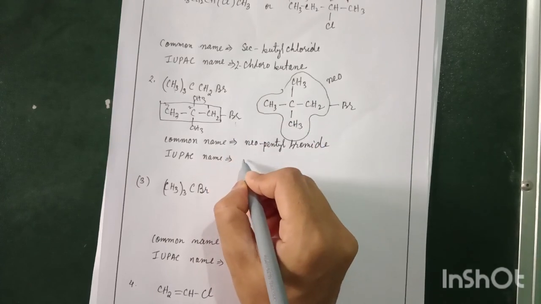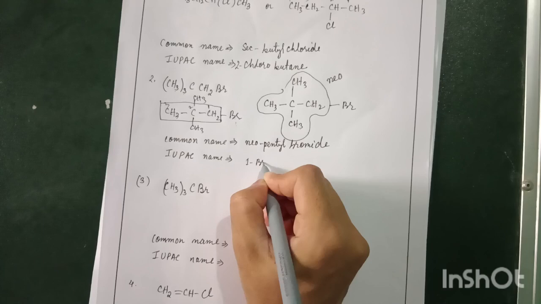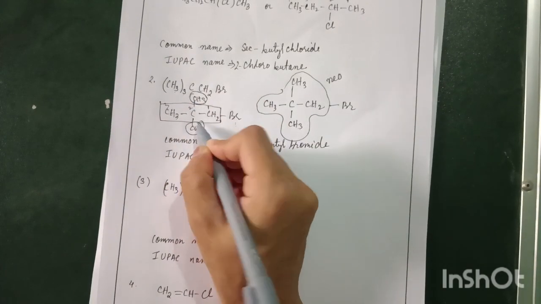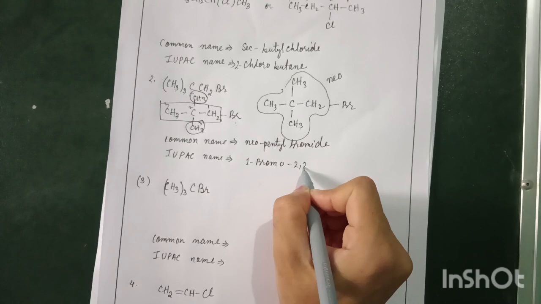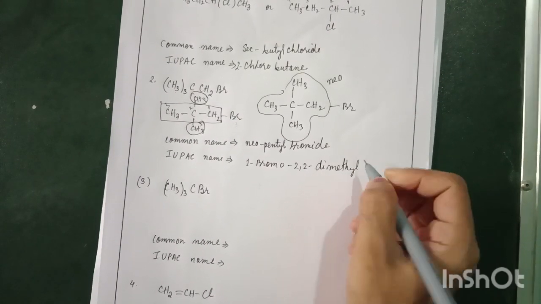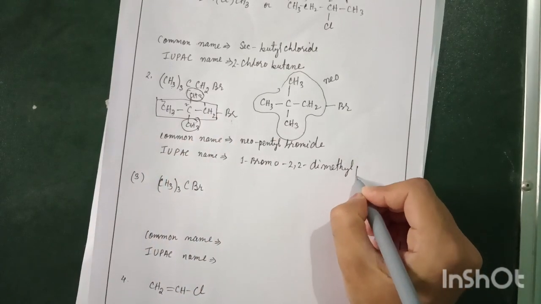So what is your halide? Your halide is bromo, in the 1 position, so 1-bromo. In the second position the substituent is methyl, so it will be 2,2-dimethyl. Then what is the carbon length? This is called propane.